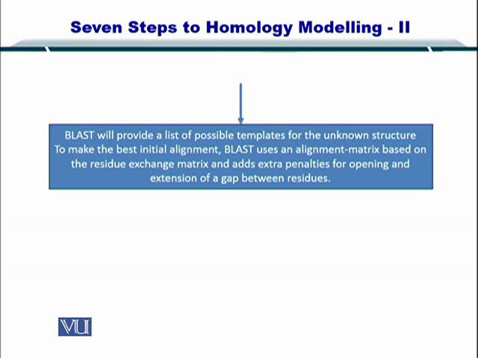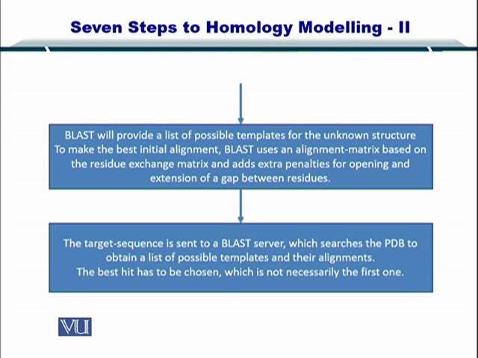For that, you need to improve the alignment, and the BLAST algorithm uses a residue exchange matrix and inserts penalties for gaps and mismatches. Now, the target sequence is sent to the BLAST server, which searches the PDB and returns the list of the templates and their alignments. That is, the best hits are chosen, and they may not be the best one.